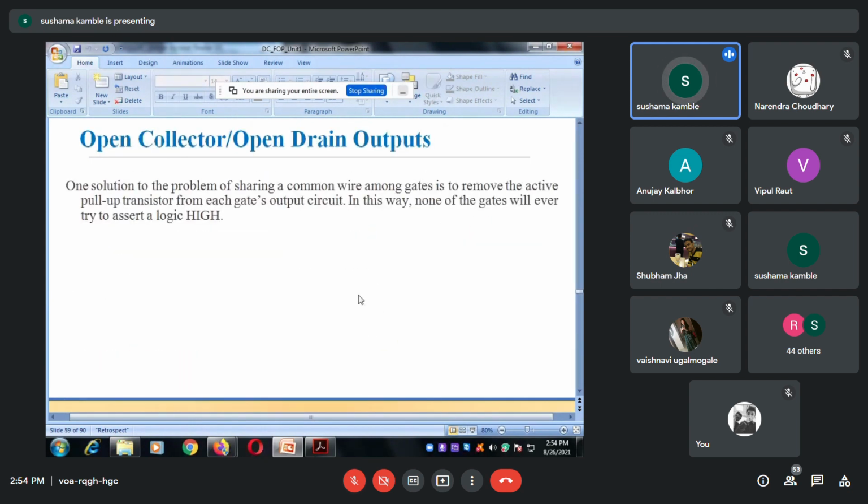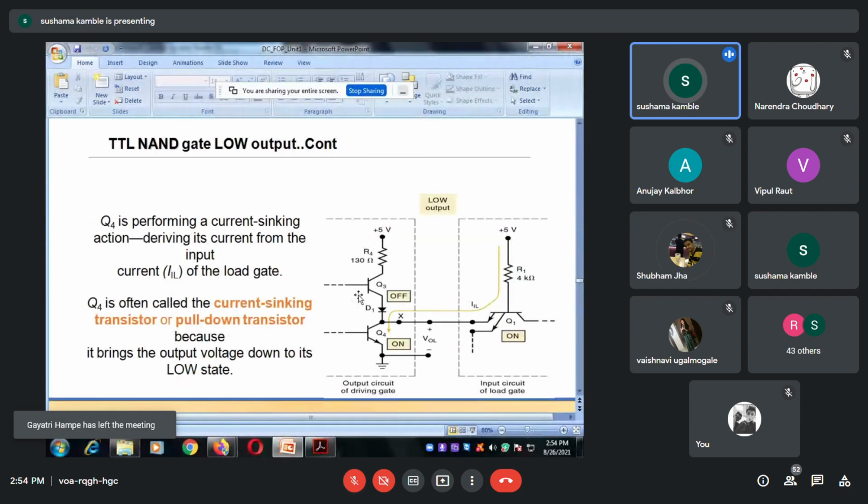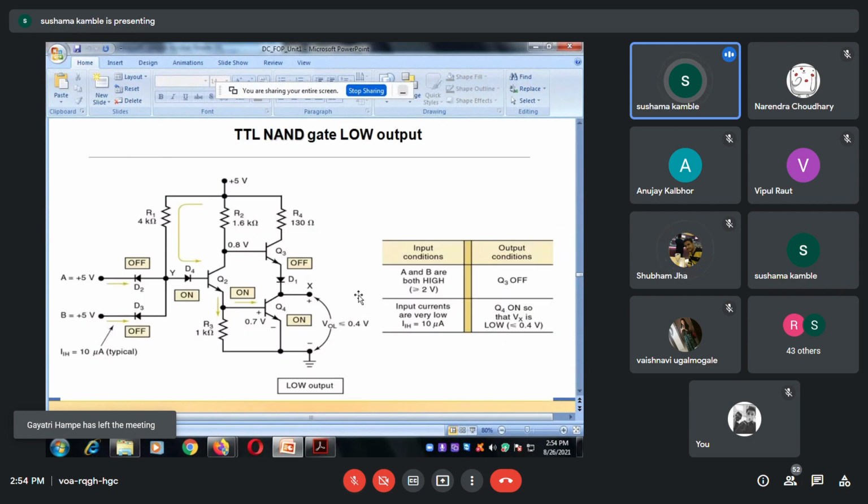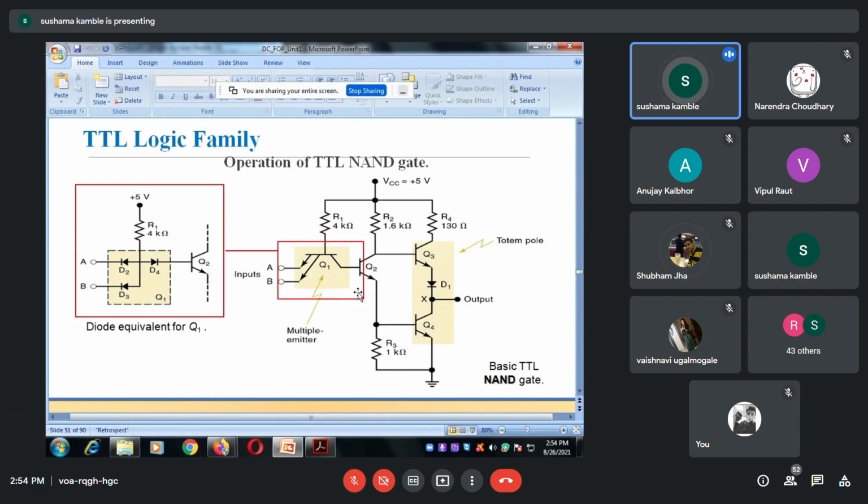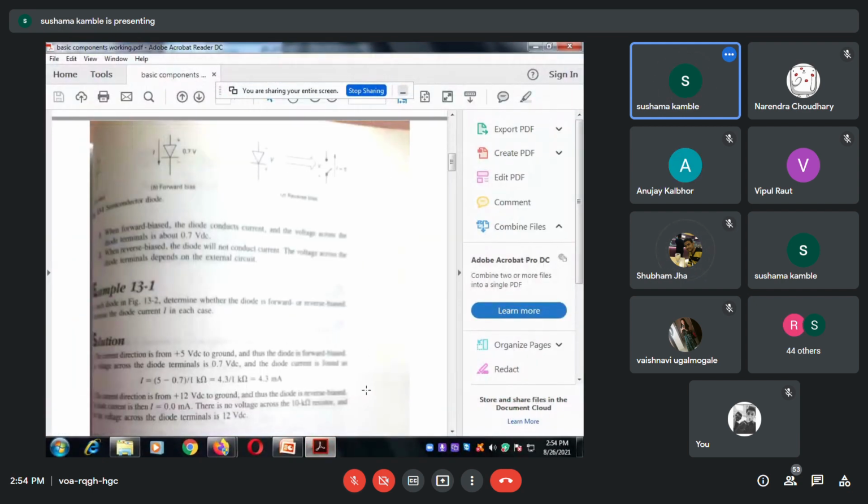So first of all, you should know when the diode is going to be on or off, when the transistor is going to be on or off, and when the transistor is on, what will be the voltage across the collector-emitter. These things we are going to revise.